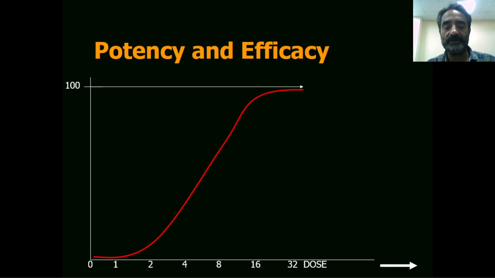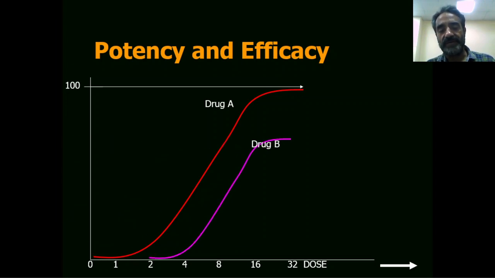So as we can see over here, this is a particular drug showing a given effect. A sigmoid dose response curve is shown over here. This is drug A. This is another drug, B, which is showing another dose response curve. What is the difference between drug A and drug B?